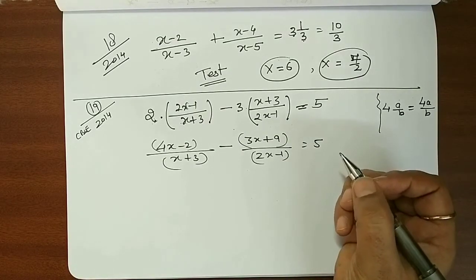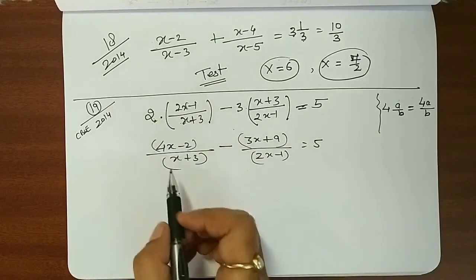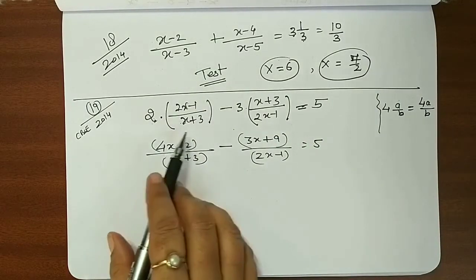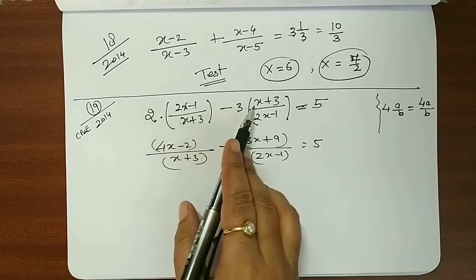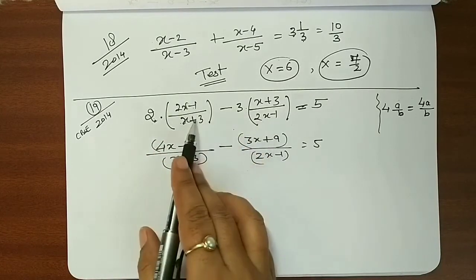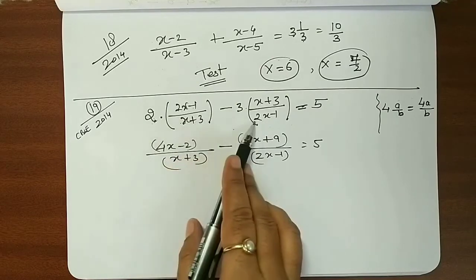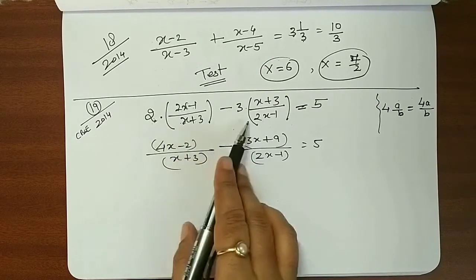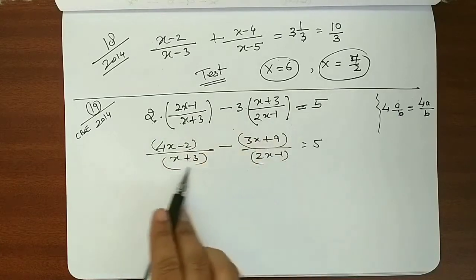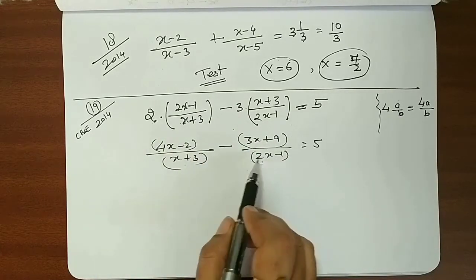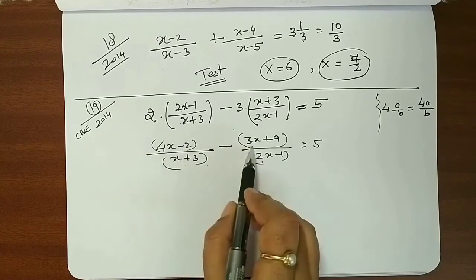Here we can observe one more thing, that 2x minus 1 and x plus 3 and 2x minus 1, they are kind of reciprocal of each other. So we can use that factor also. Here, though, it can be solved by taking LCM and by cross multiplying.